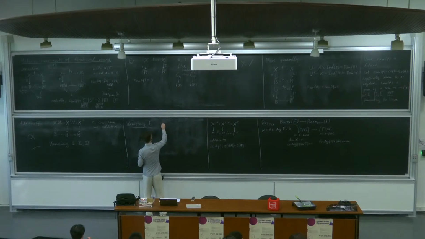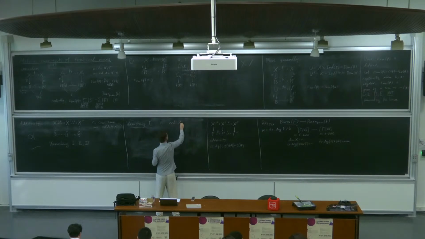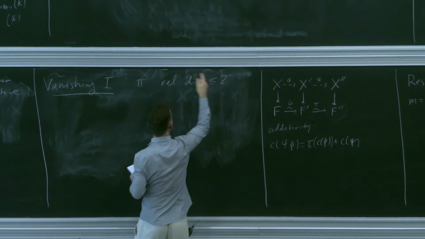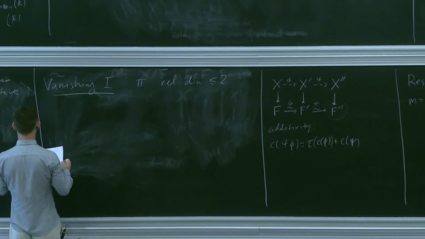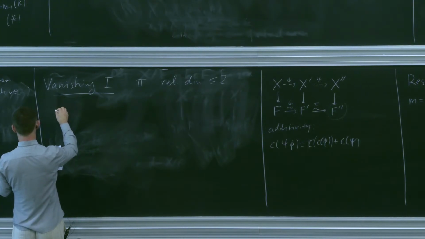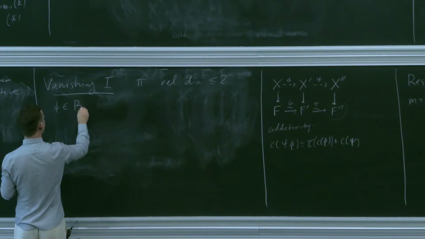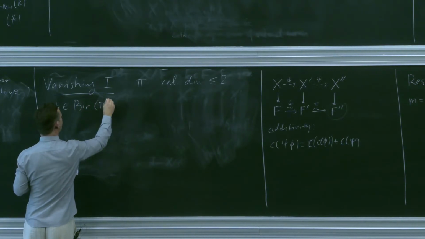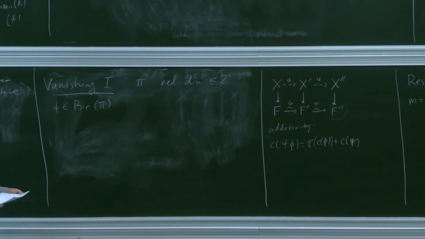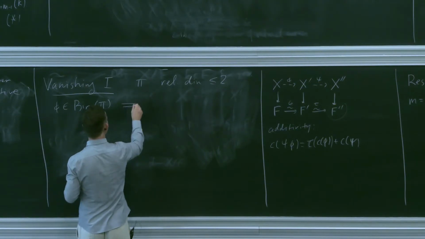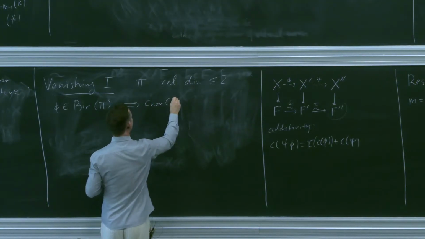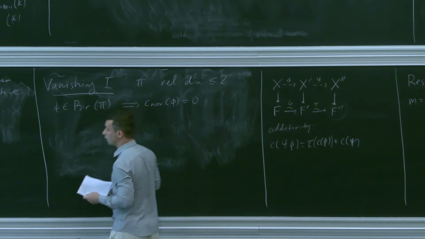The assumption is as follows: pi has relative dimension up to 2, where 2 is the interesting case, and phi is a birational map from pi to itself, a square birational map. Then the claim is that the horizontal contribution is 0.